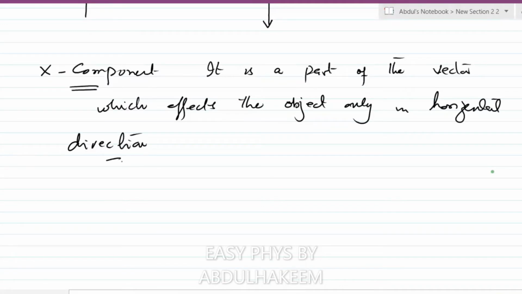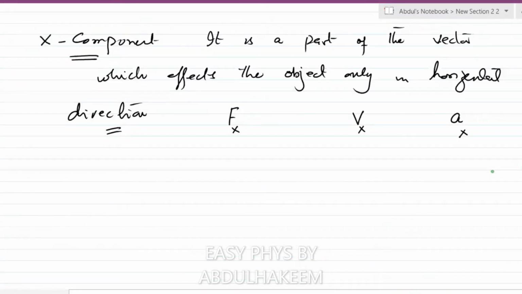So the part of the vector which affects the object only in the horizontal direction is called the x component. For example, force x component Fx, velocity x component Vx, acceleration x component ax.